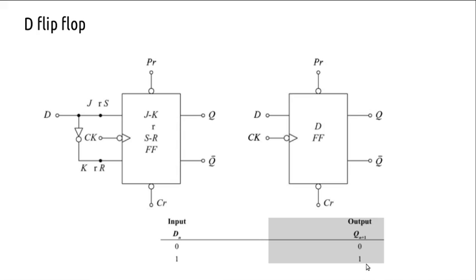D equals 1 means Q is also 1. So this is a D flip flop.